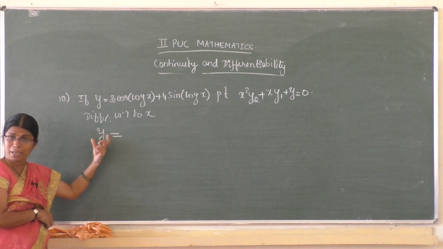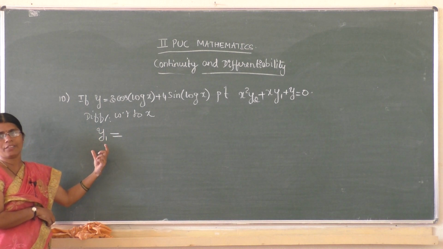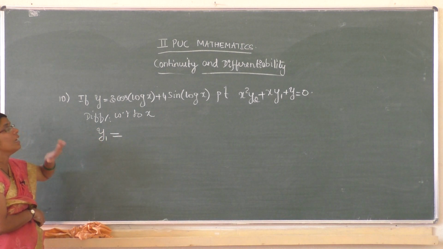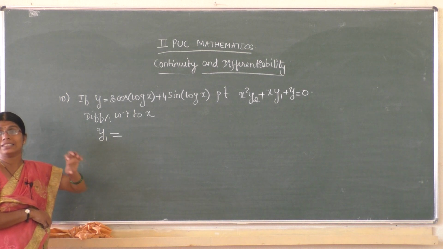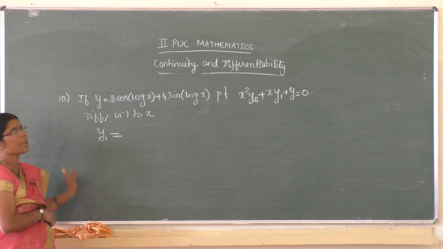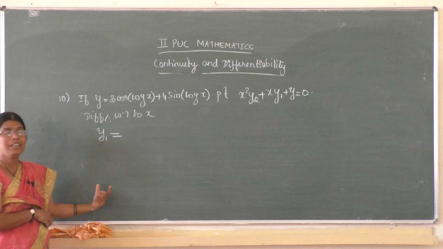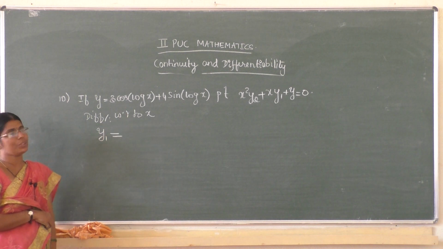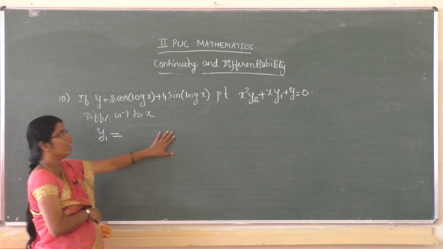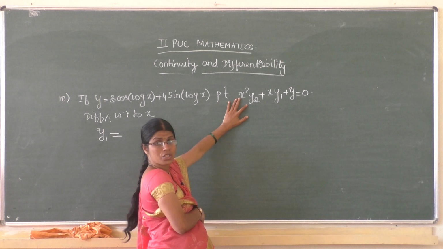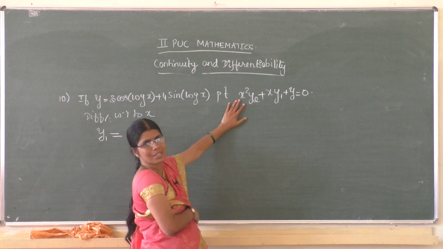Otherwise you take dy by dx only. If you have confusion or if you have practice with dy by dx, then use dy by dx only. Then finally you convert, because when the question is asked in this notation, you have to use the same notation.